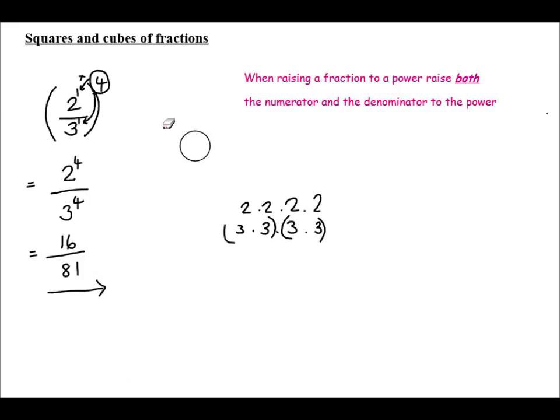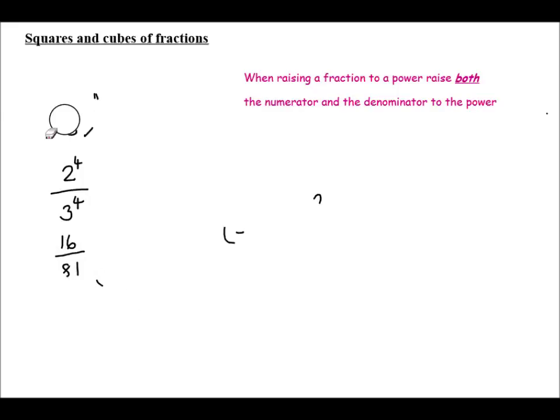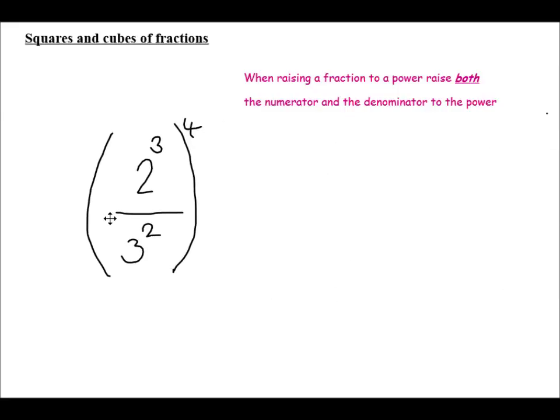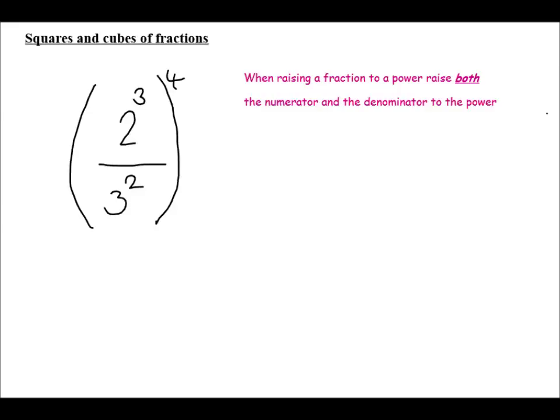Right, we're just going to have a look at a little bit more complicated example. But if you just put your head down and do what the law tells you. Right, so when we raise a fraction to a further power, each of the exponents must be multiplied by 4.